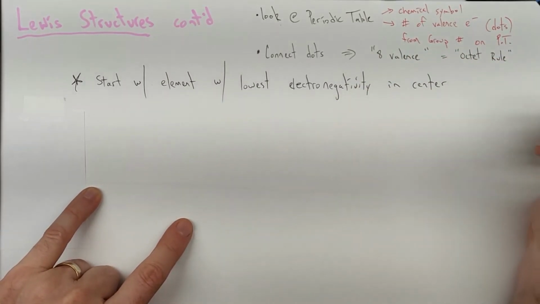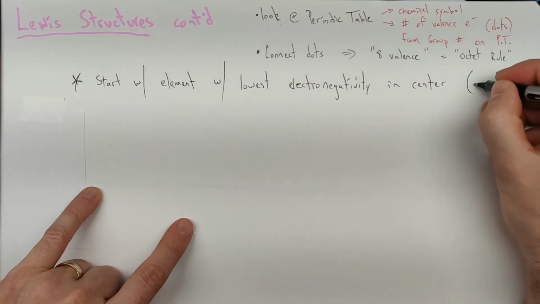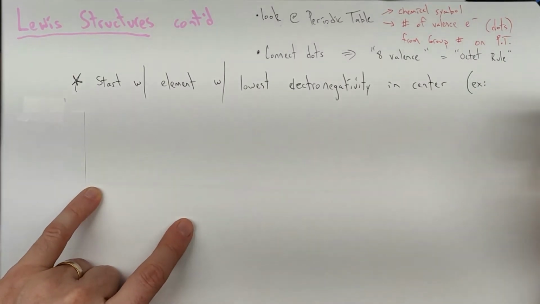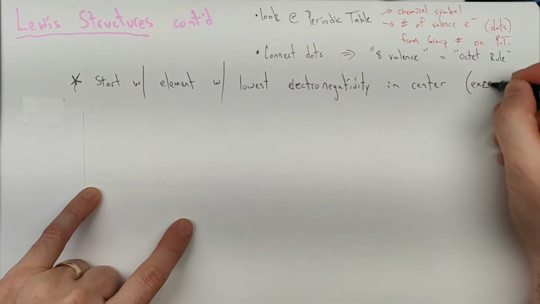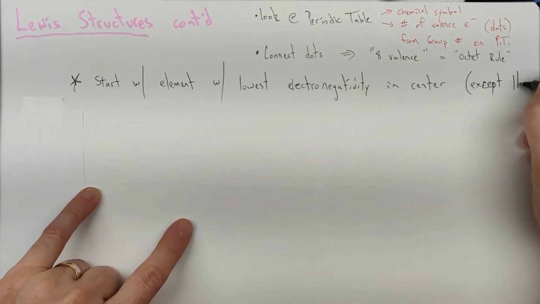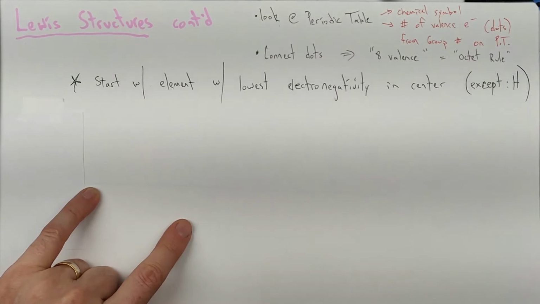And of course, there's one big exception to that: hydrogen. Hydrogen only has one bonding location. It can't be the center of anything. So hydrogen's never going to be in the center.